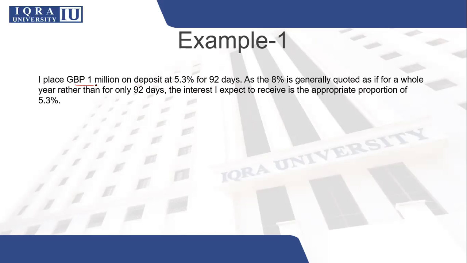This is the present value, this is your rate, and you have placed it for 92 days, so this is your N. I'm also going to make a timeline. You're investing 1 million right now, and you want to know what its future value will be after 92 days if it's invested at this 5.3% rate.